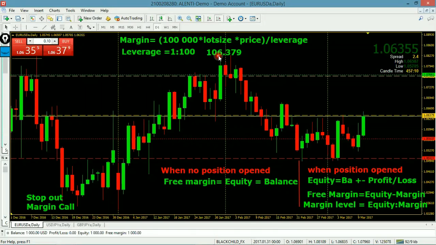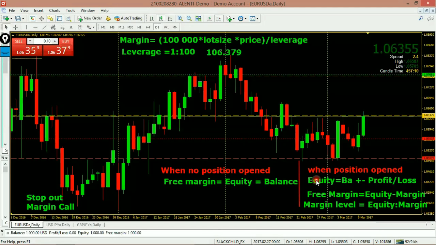Then the portion which is left of your equity will become your free margin.